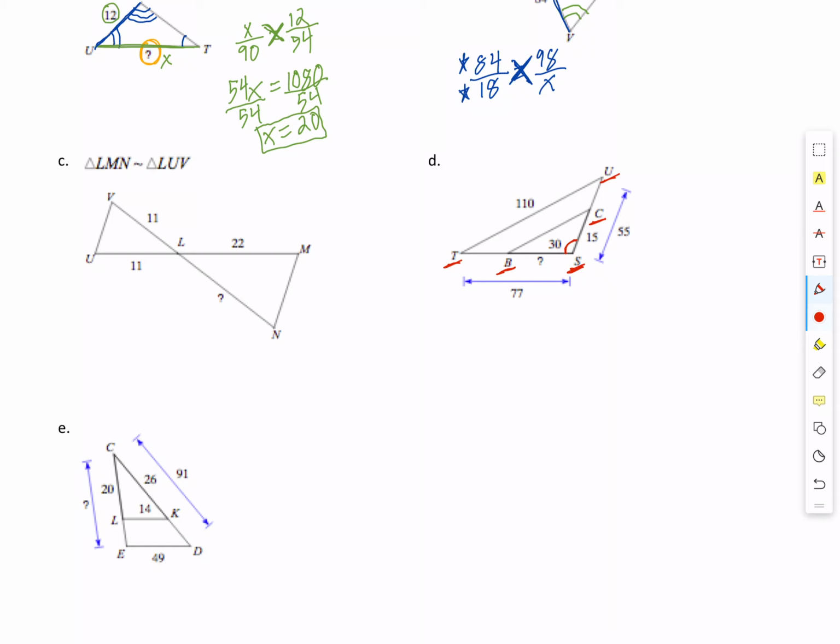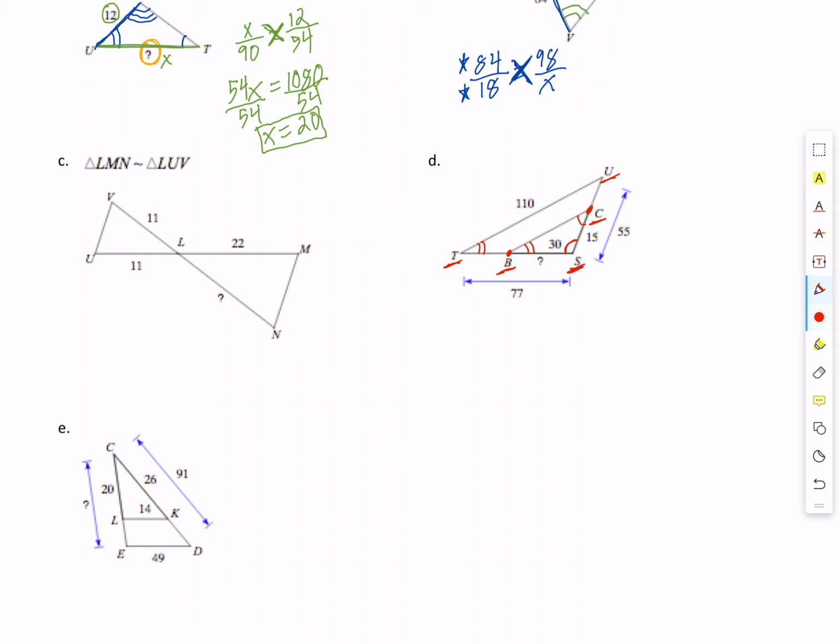And that doesn't change. That's going to be the same angle no matter what. And then as long as these points are along those same lines, this angle CBS, or just angle B, is going to be similar to angle UTS or angle T.